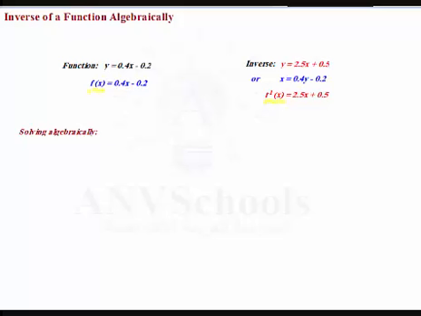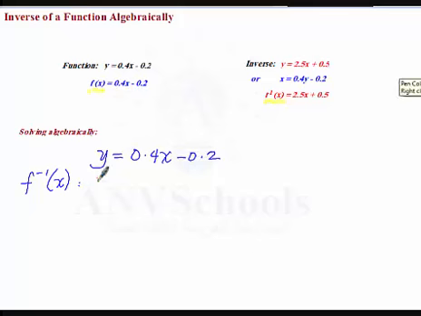So let our y be equal to 0.4x minus 0.2. To get our f negative 1 of x, first we have to interchange our y and x. That's why now instead of y it becomes x, and instead of x this becomes y.